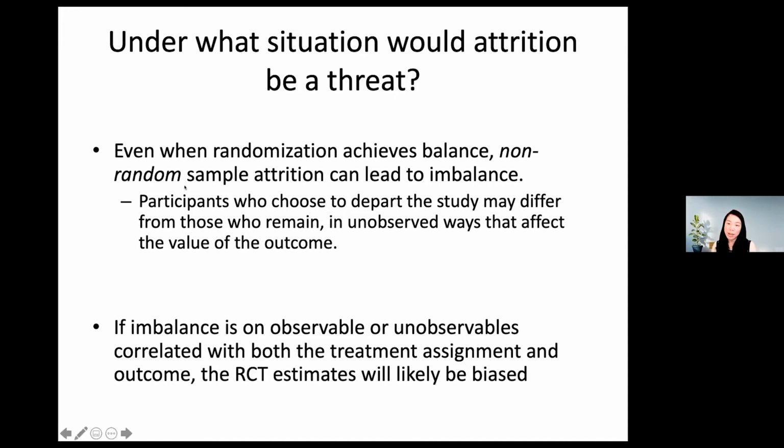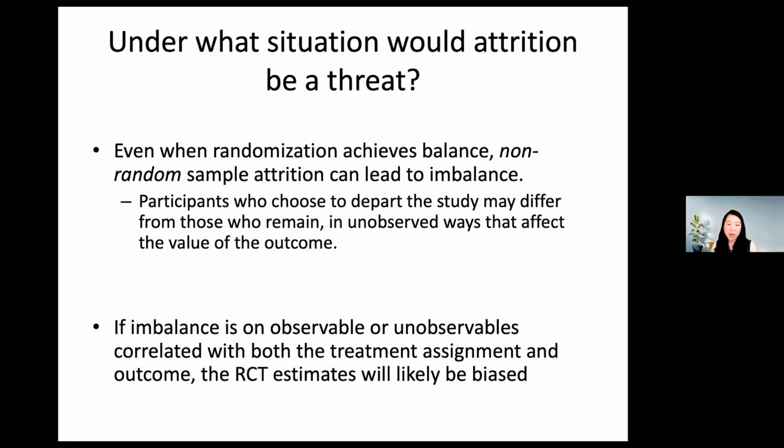So this kind of non-random attrition will lead to imbalance of our sample. If that happens, then all we have at the end of the experiment will be all boys, right? So that will be a threat to our experiment.